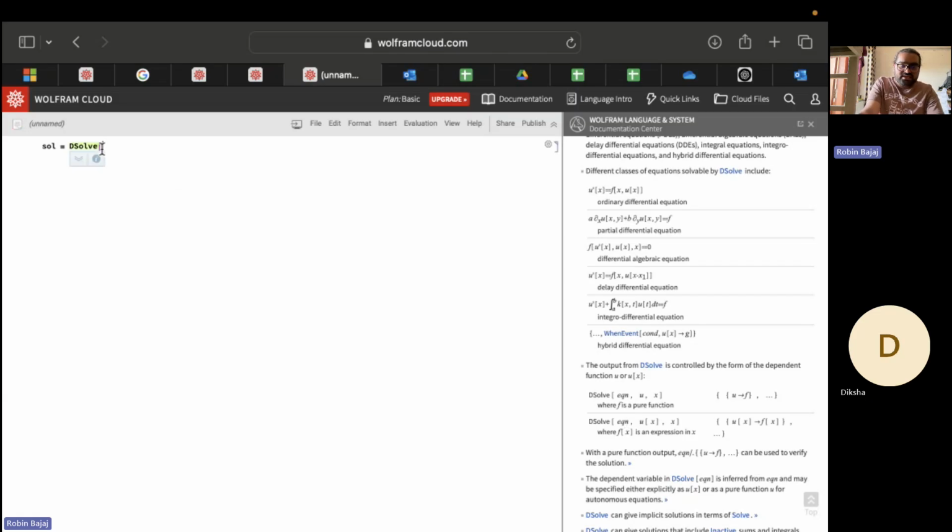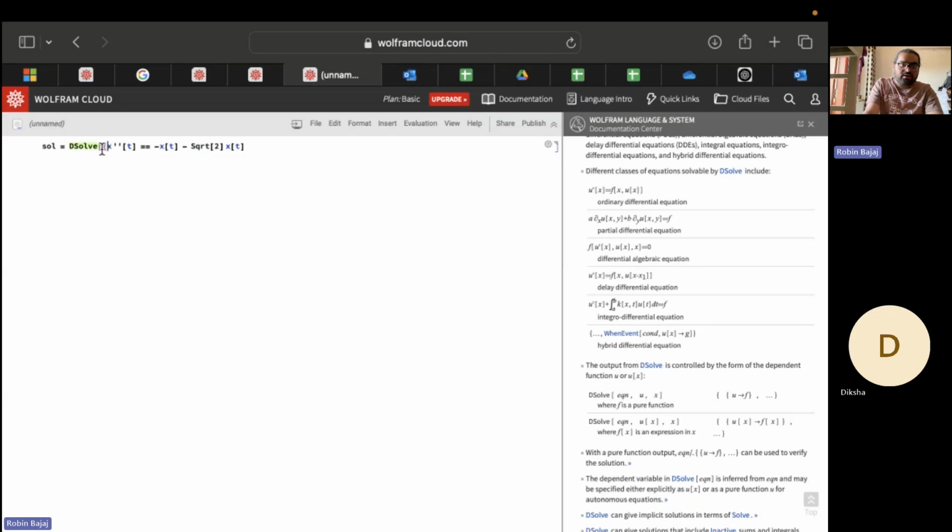So now in our case, our differential equation is x double derivative. You'll write t as the variable, equal to minus x of t minus square root of 2 into x of t. But we have initial conditions also.